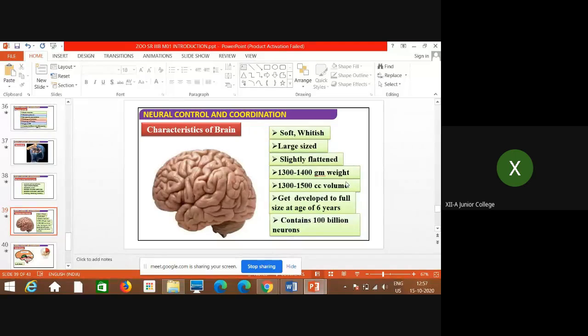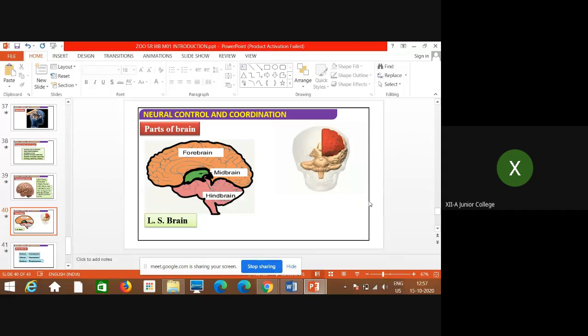And the characteristics of the brain: it is soft, whitish, large sized, slightly flattened, 1300 to 1400 grams in weight, and the volume is about 1300 to 1500 cc. It gets developed to full size at the age of 6 years, and contains 100 billion neurons. Remember that, it contains 100 billion neurons.